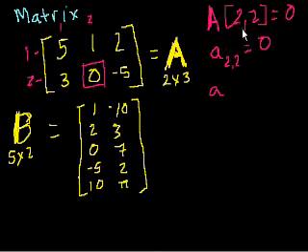I'm just doing this to expose you to the notation, because a lot of this really is just notation. So what is A 1,3? Well, that means we're in the first row and the third column. First row, 1, 2, 3. It's this value right here. So that equals 2. So this is all the notation of what a matrix is. It's a table of numbers. It can be represented this way, and we can represent its different elements that way.